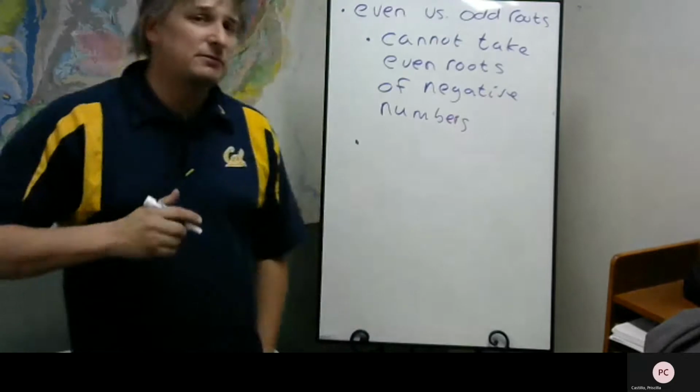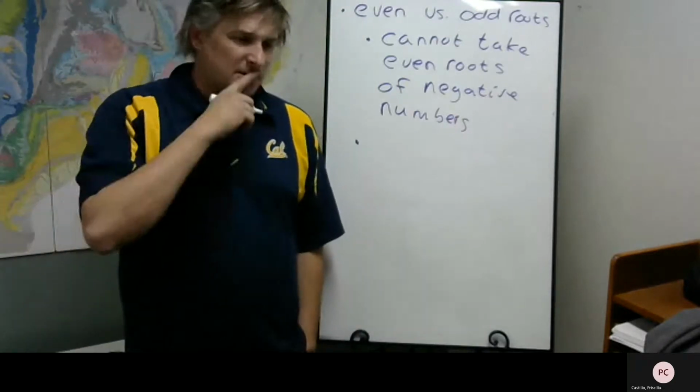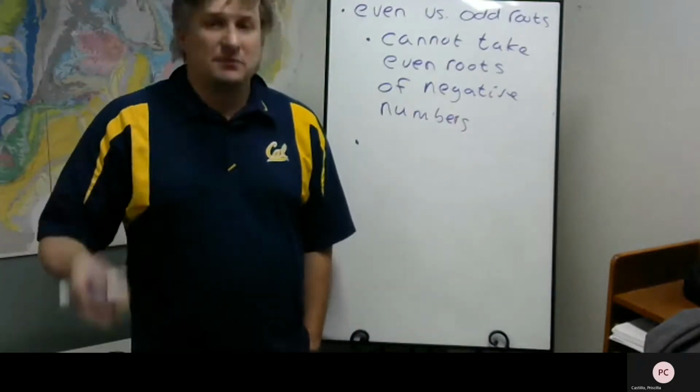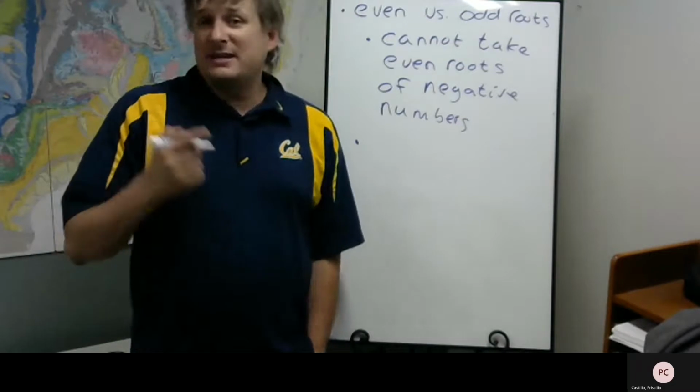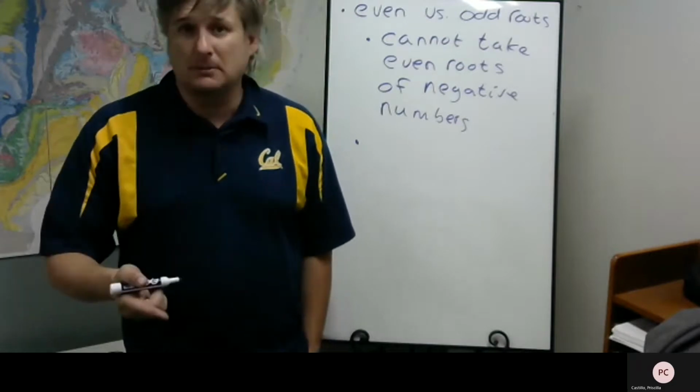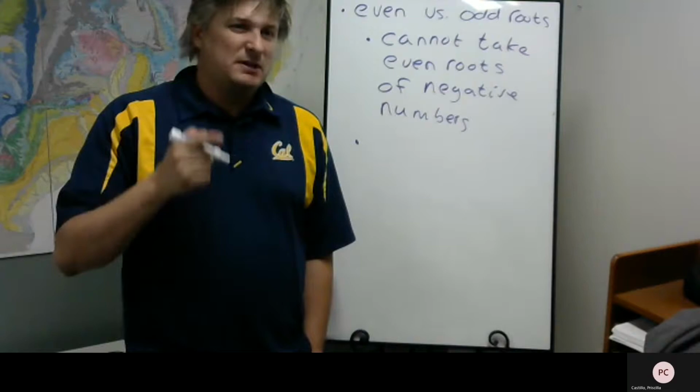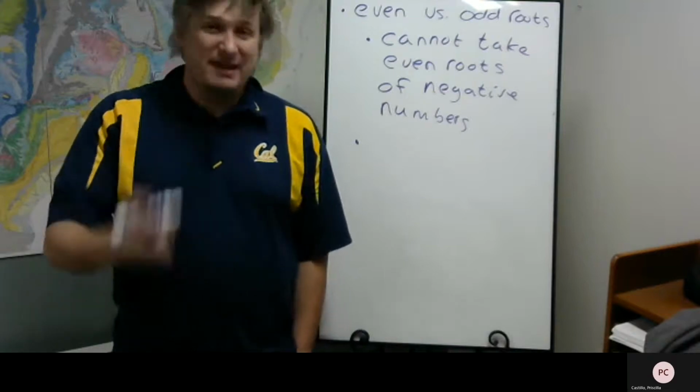So you can't find the square root of negative 16. Now you can do the negative square root of 16, but you can't do the square root of negative 16.